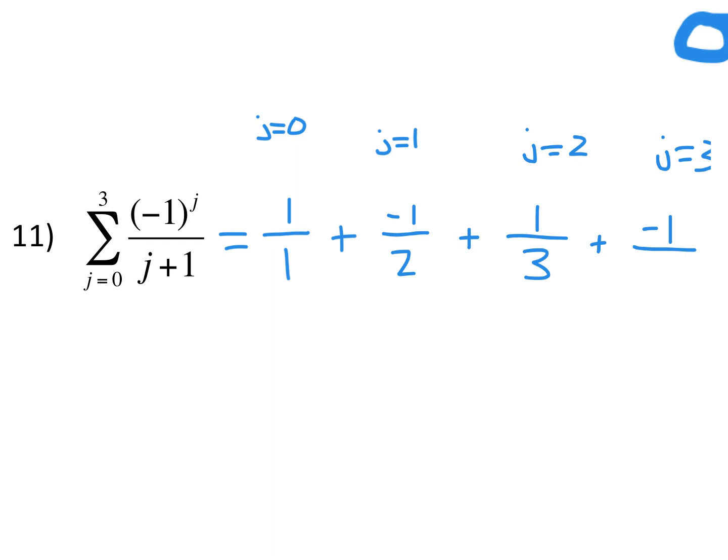And then the bottom would be 3 plus 1, or 4. All right, so making this a little nicer, our expanded sequence would be 1 minus 1/2 plus 1/3 minus 1/4.